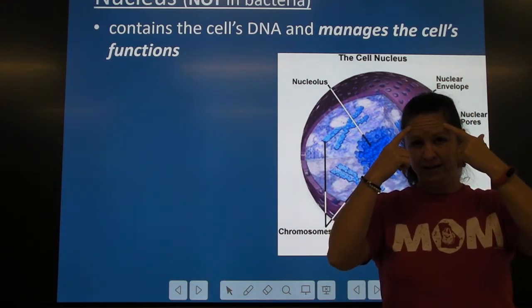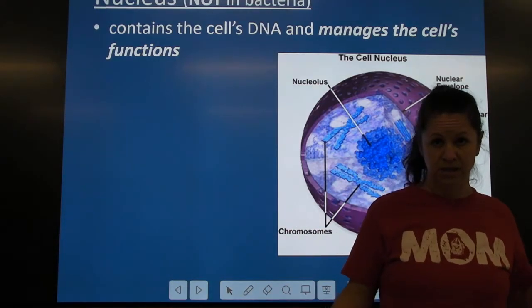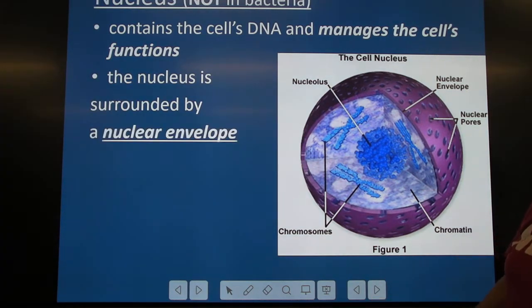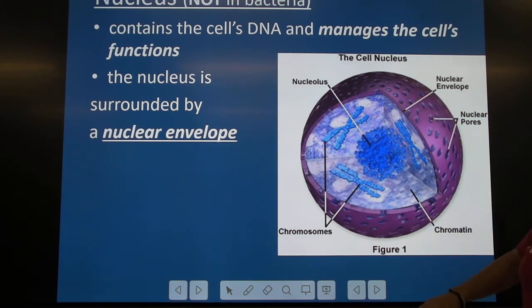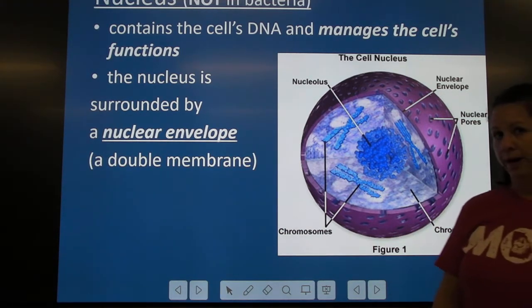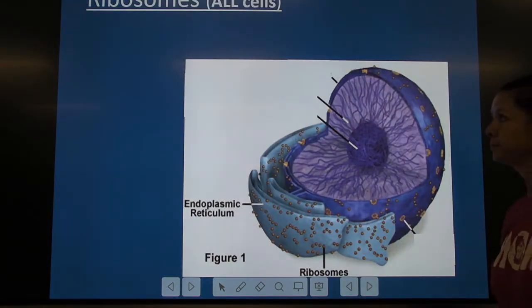Your brain tells your entire body what to do and when to do it, all the different organs. That's what the nucleus does for the cell. Right? The nucleus is surrounded by a nuclear envelope. So it has its own special membrane around it, and that's a double membrane. It makes it a little bit different from the other organelles that it's double.